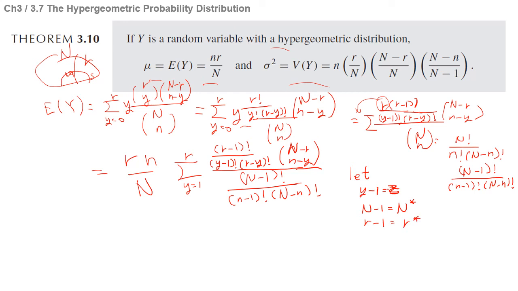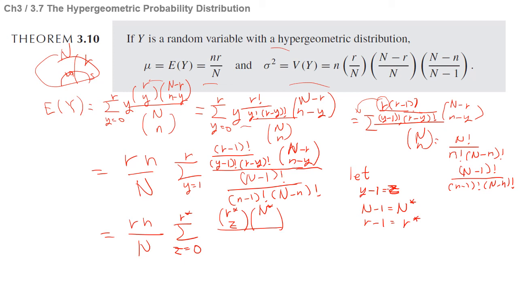If you write this way, then z equals 0 to r minus 1, which is r star, and if you rewrite, this thing can be described as r star choose z, and here N star minus r star choose n minus 1.